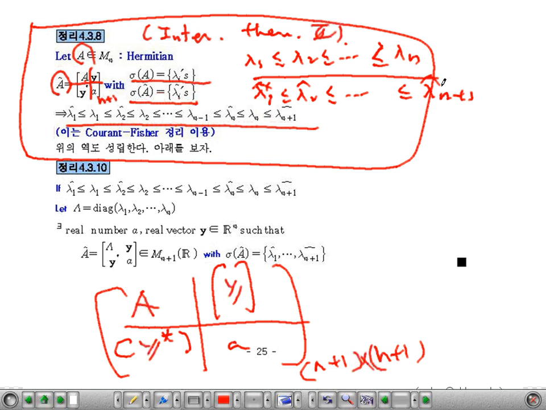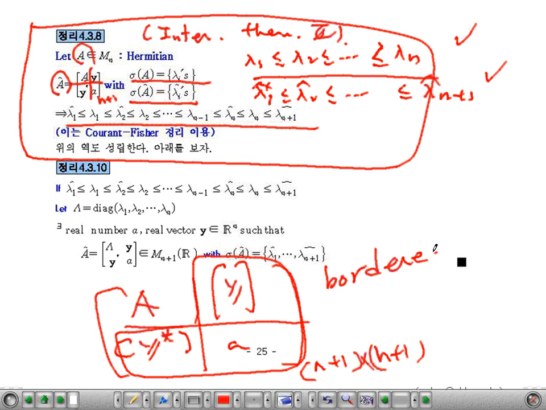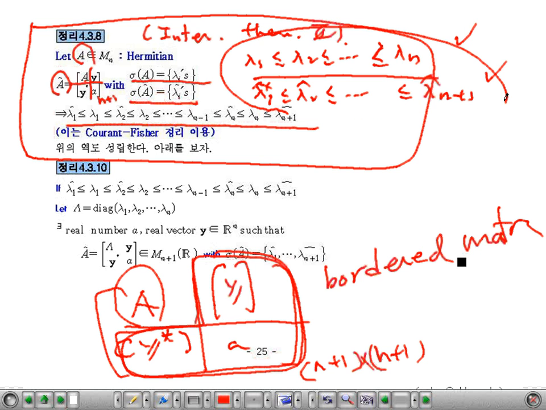So we have n eigenvalues here, n plus 1 eigenvalues here. These two have a pretty interesting relation to each other. When you expand it like this, we call this a bordered matrix. We have a border in addition to the original matrix. A very interesting thing is that there is a relationship between these two sets of eigenvalues.